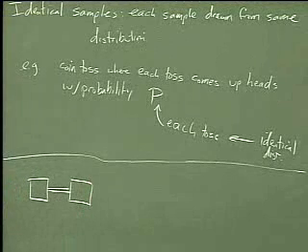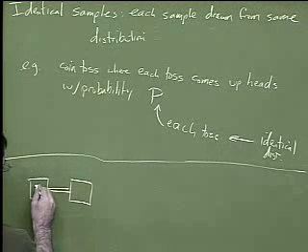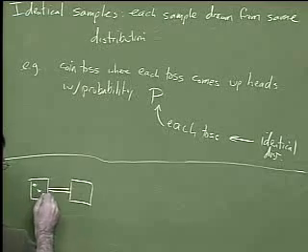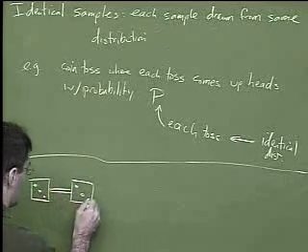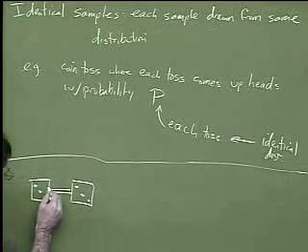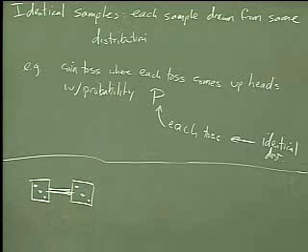Here's a pair of dice. Here's the threes, and I've glued them together with a little rod there, so they both face the same way. When I roll this, both dice are always going to come up the same value.